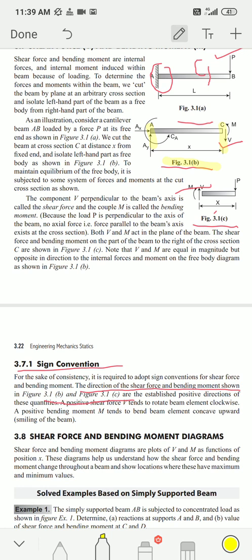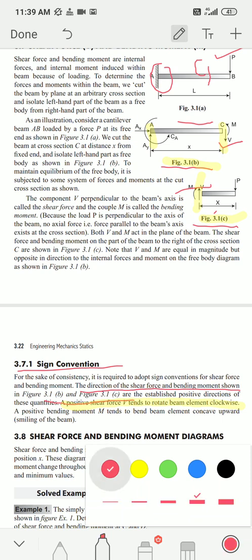Similarly, in figure 3.1c, the shear force acting upward is positive, because it rotates the right part of the beam in a clockwise direction. So a positive shear force tends to rotate beam elements clockwise.